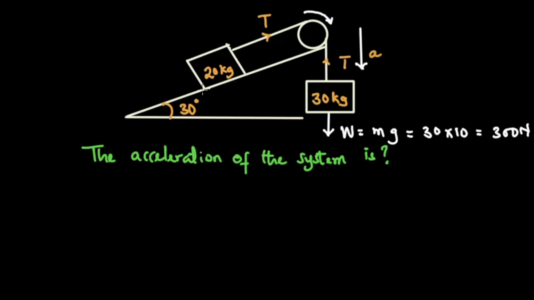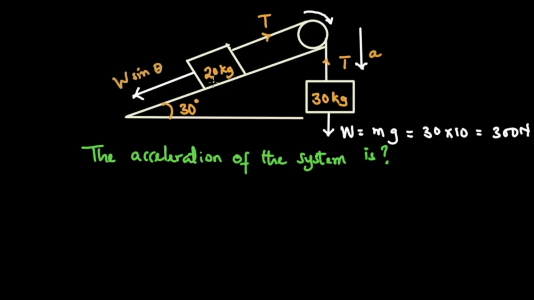Now, for every inclined plane, there is always a force component that will act in this direction. In this case, it will oppose the motion of the tension in the string. The component in this direction will be W sine theta. In previous videos, I've explained why this is W sine theta, so I'll leave the links in the description below for you to check that out.